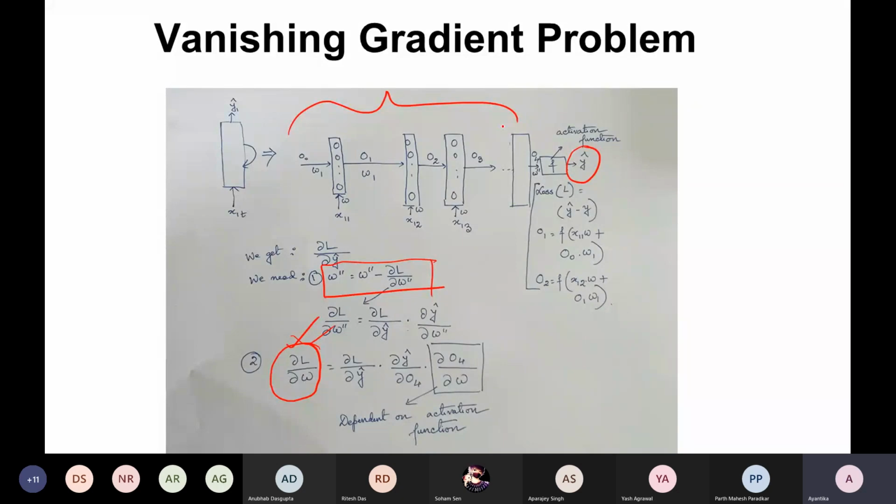If your gradients are vanishing, that means your training is not going well, you are not getting proper parameters to fit in your test network, and then your testing will not be as accurate as you are expecting.